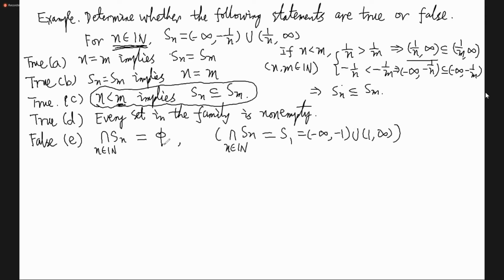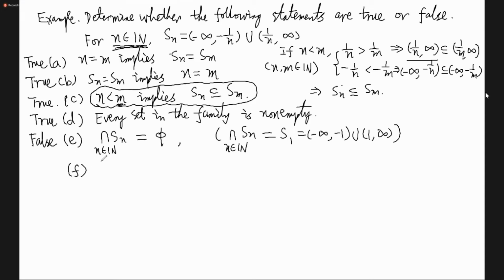Actually, to show this statement is false, you just need to pick any counterexample. You just say the number 2 is contained in every Sn. Then of course their intersection cannot be empty. All right. So this is a non-trivial problem.